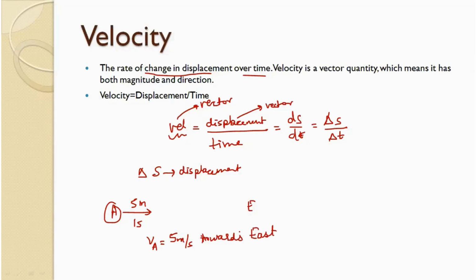So we also have to specify the direction. The unit is the same for speed as well as velocity. The difference is that in velocity we take displacement. Velocity is equal to displacement upon time, and speed is equal to distance upon time.